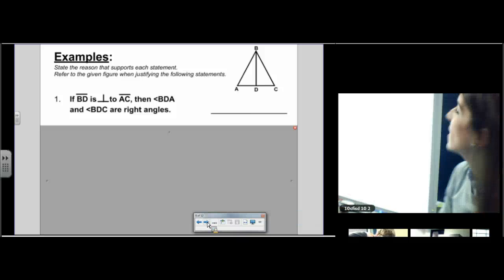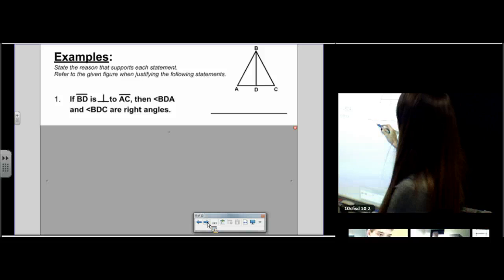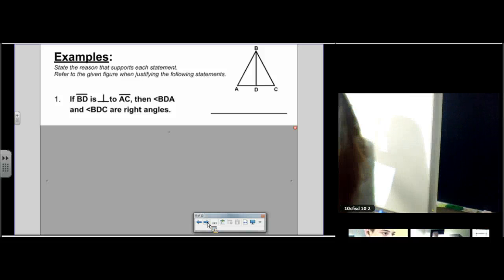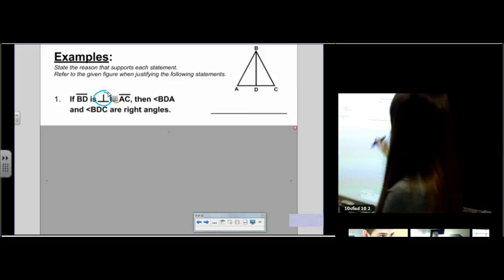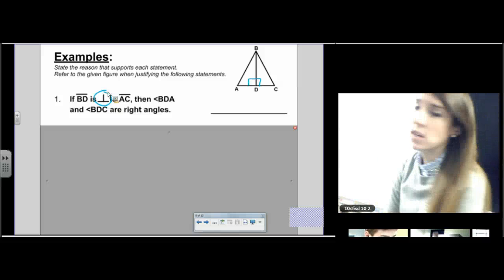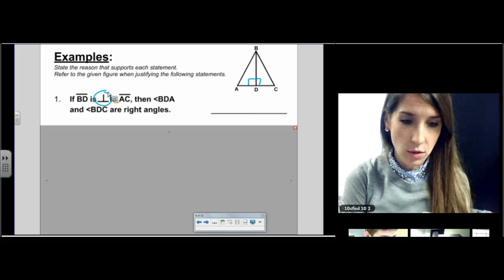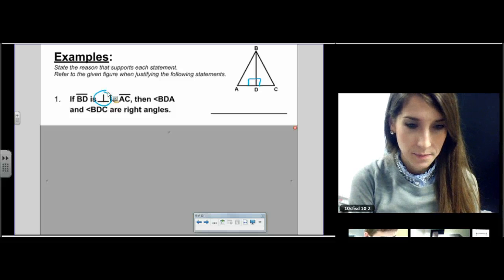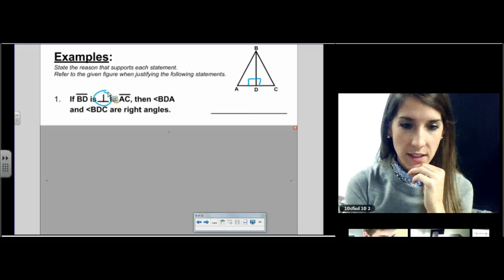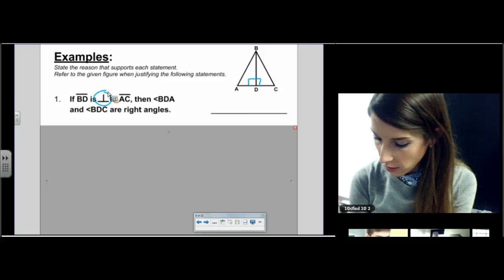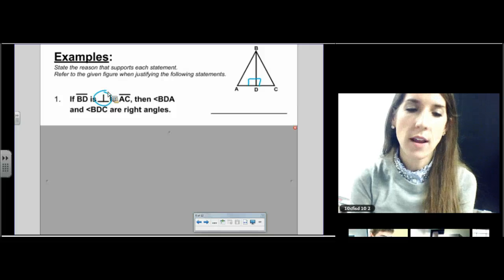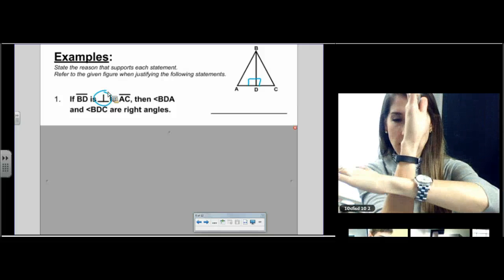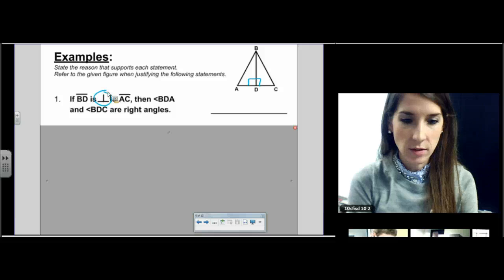Okay. If BD is perpendicular to AC, then angle BDA and angle BDC are right angles. All I want you to do is tell me why I'm allowed to say that. Linear pair is not the answer. Nope. Look at your list of options. What definition are we calling upon if we say when two lines are perpendicular, we get right angles out of the deal?